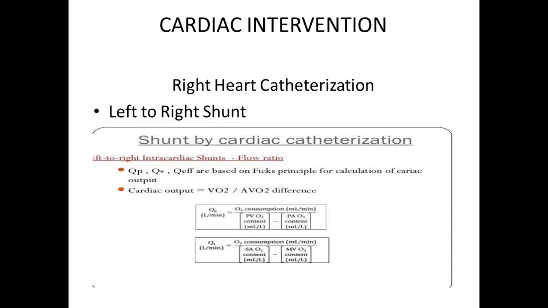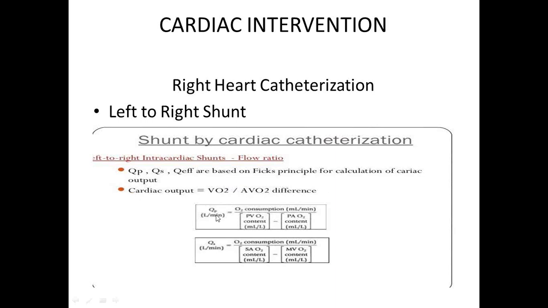When we do our catheterization, cardiac output is equal to oxygen consumption divided by the arteriovenous oxygen difference. So this is a formula that you need to be familiar with. Your cardiac output is equal to your oxygen consumption divided by your arteriovenous oxygen difference.